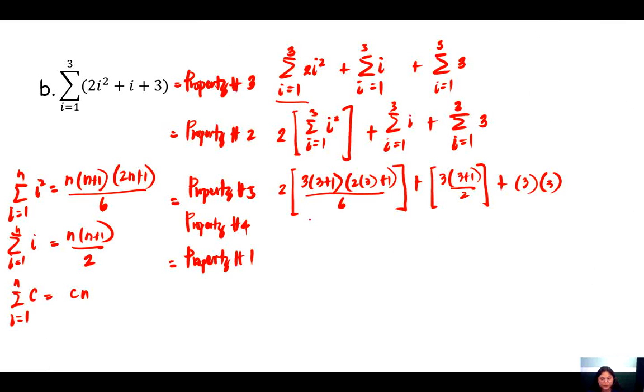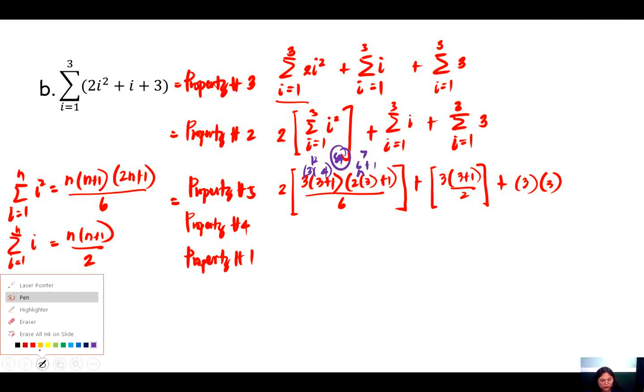Okay po? Then, let's simplify everything. Let's change the color para mas makita nyo. So we have 3 plus 1 is 4. Then, 3 times 4, we have 12. 2 times 3 is 6 plus 1 is 7. Then, 12 times 7 is 84. So we have 84 over 6. Let's rewrite.